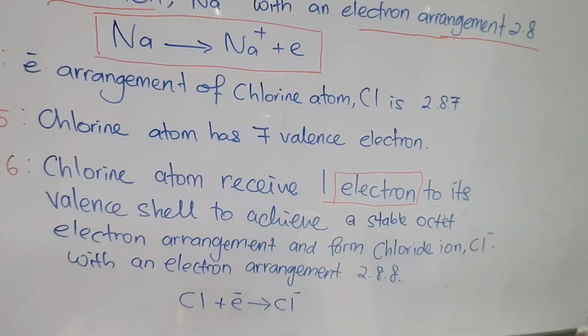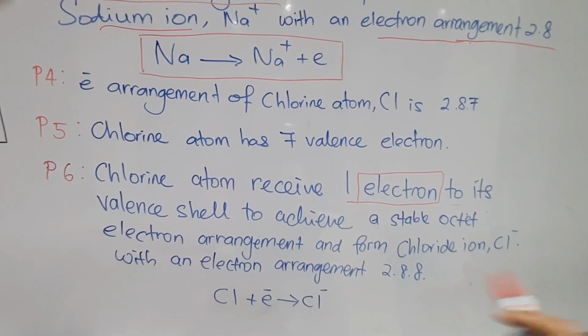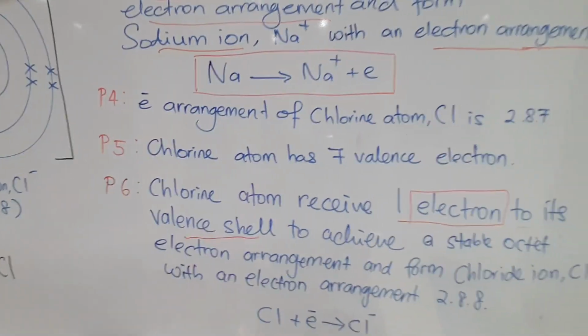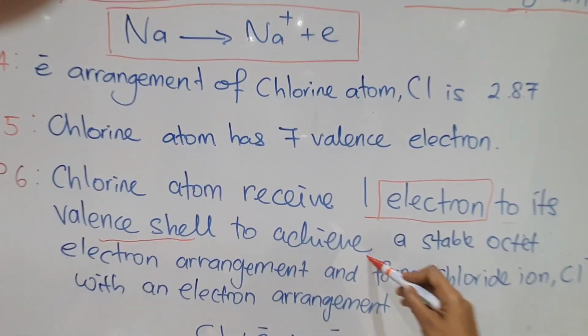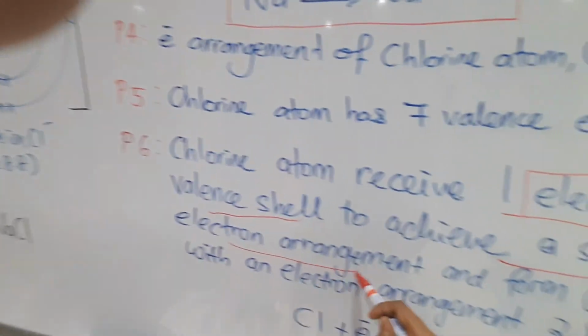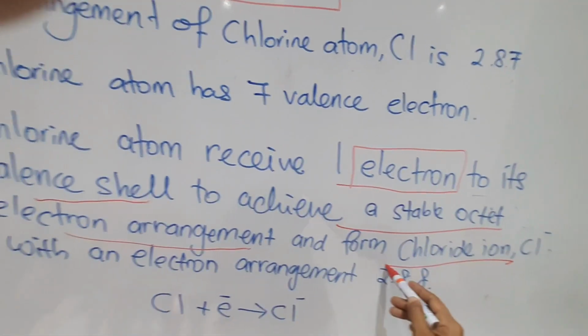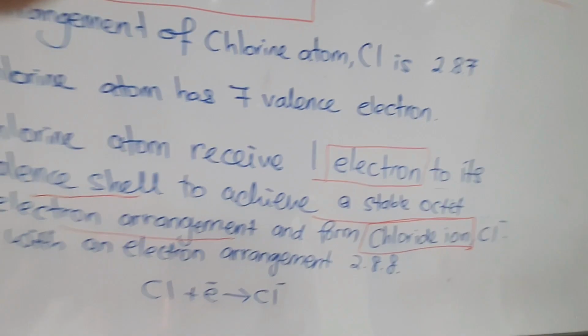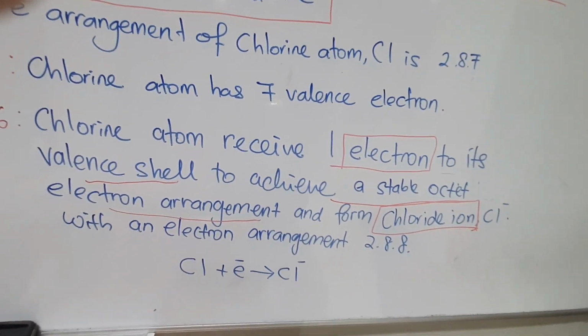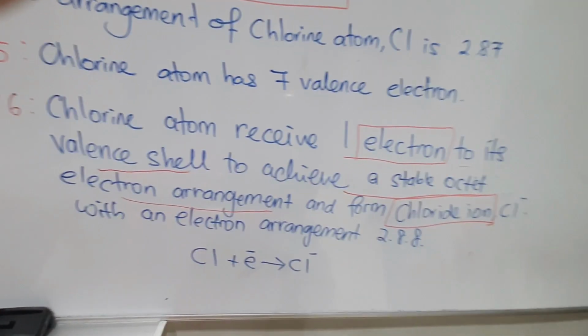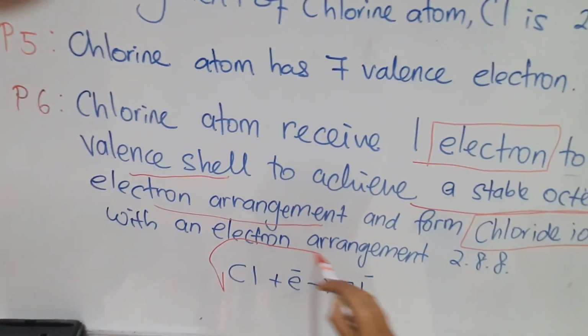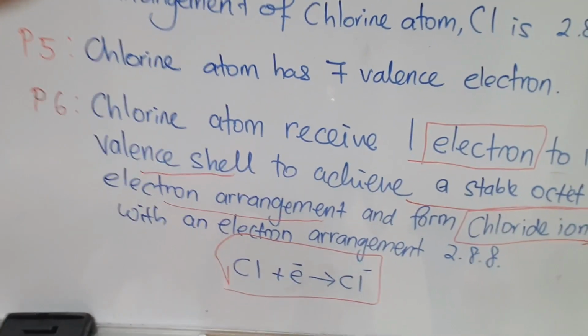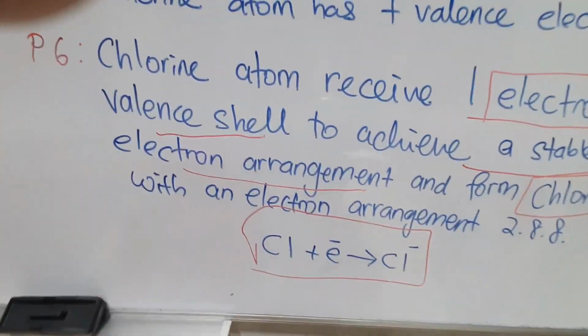Remember here, for non-metal we use electron to its valence shell to achieve a stable octet electron arrangement and form chloride ion with an electron arrangement 2,8,8. Hence you get the half equation Cl plus e- arrow Cl-.